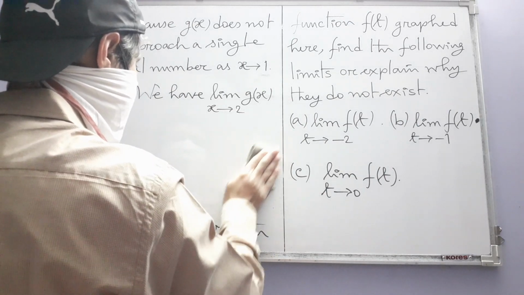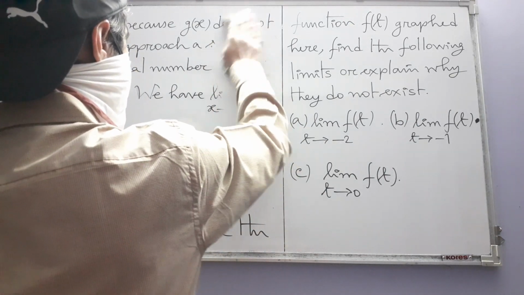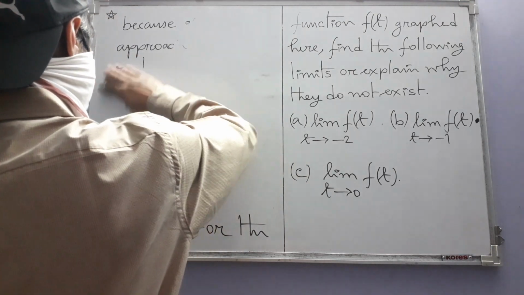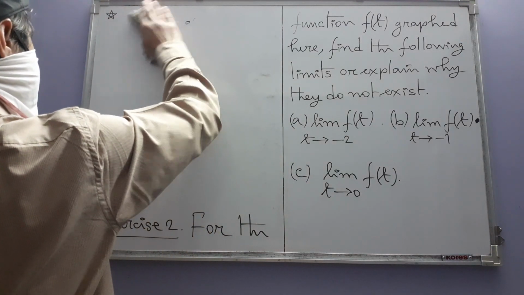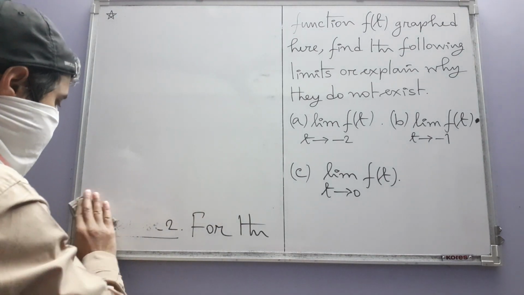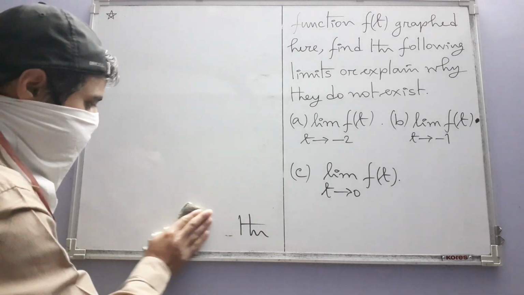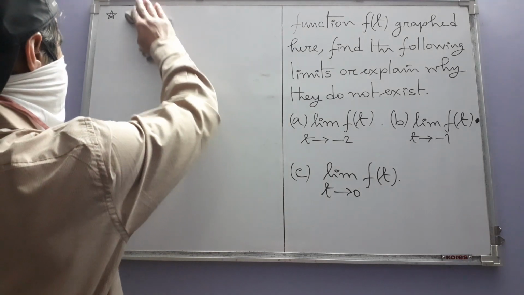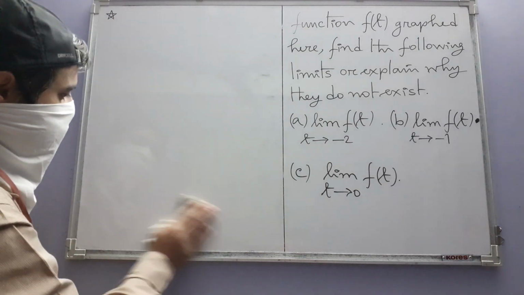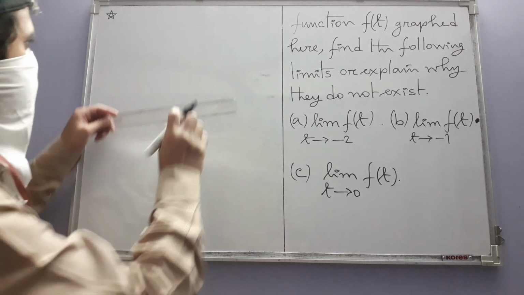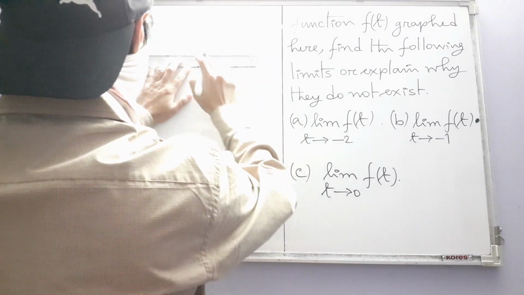Now the graph. So in this case, the graph goes like this, towards the left of the origin.